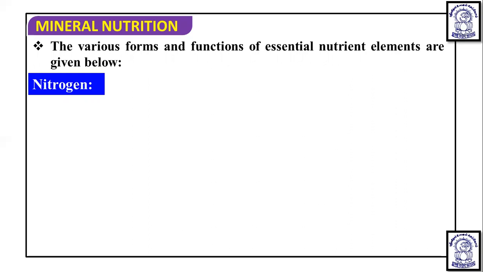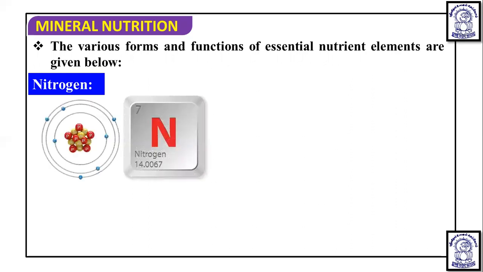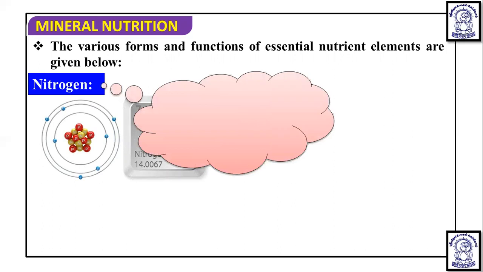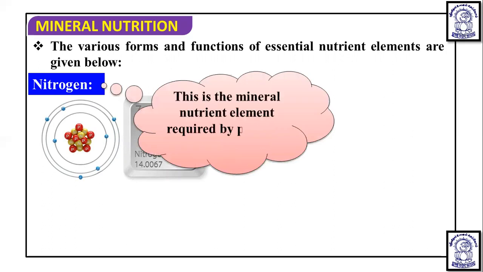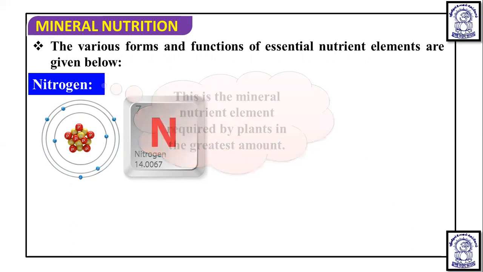Nitrogen is present 78% in the atmosphere, and it is the mineral nutrient element required by plants in the greatest amount.